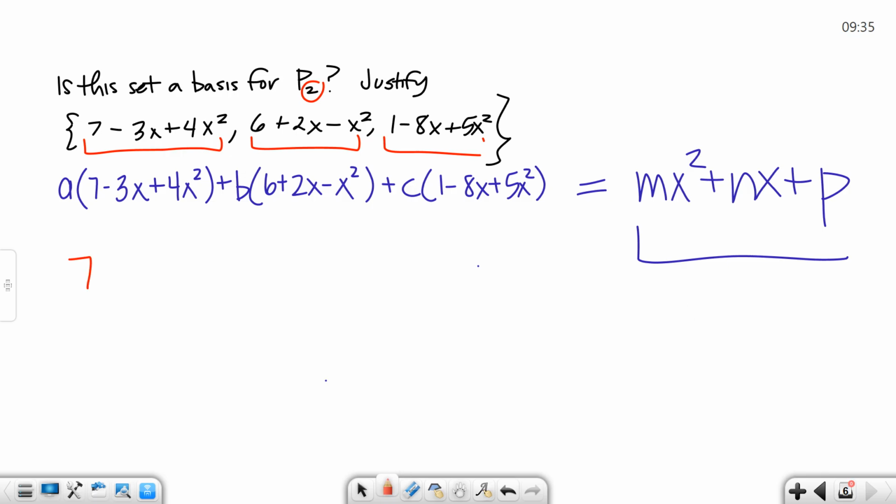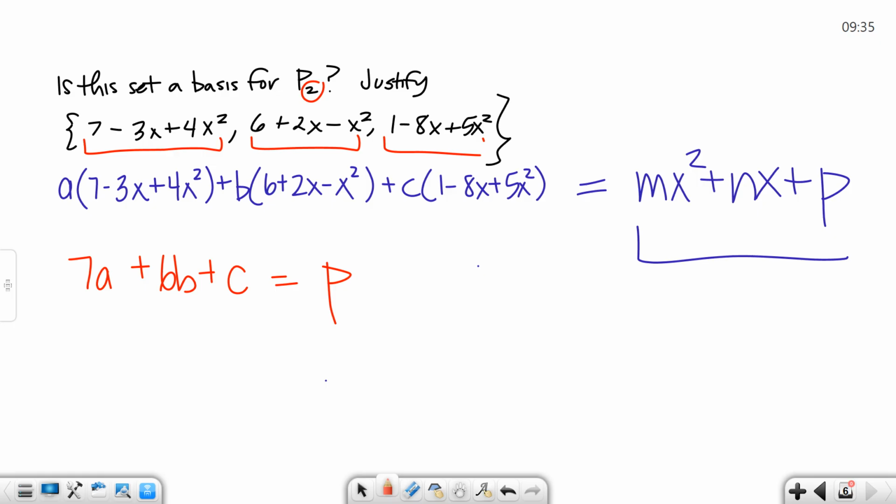We're going to say 7a plus 6b plus c equals p. So what I did there was of course we're going to distribute the a and b and c through, but that's all my constants. So 7a, 6b, c, and p are all the constants.